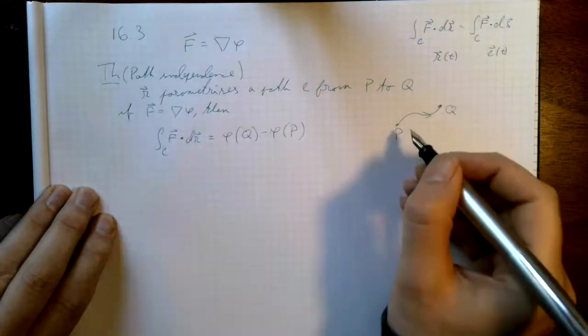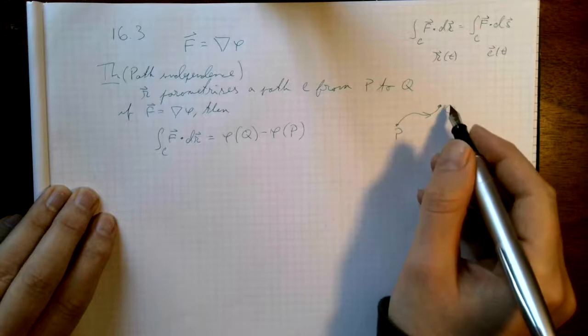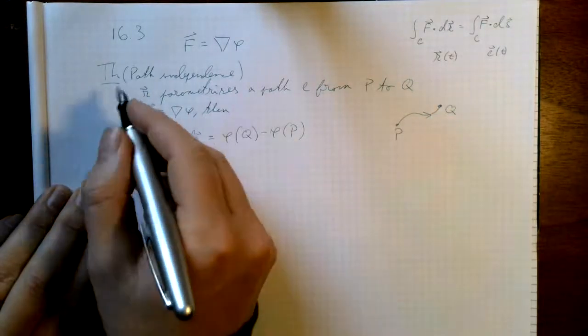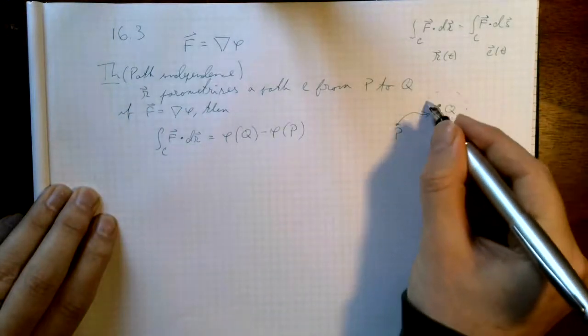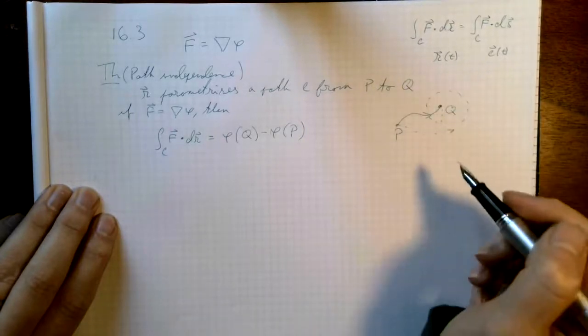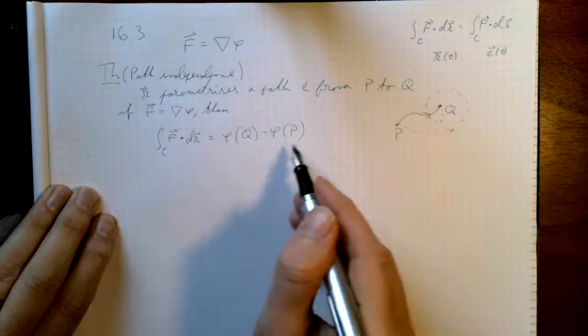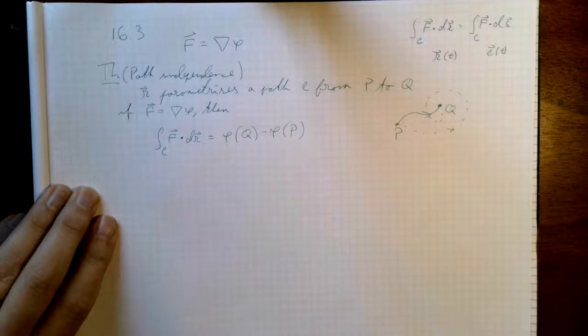It doesn't really matter how I went from P to Q, or how I parameterized this thing. I could have gone some funky way. As long as I started at P and ended at Q, this integral would have been this.